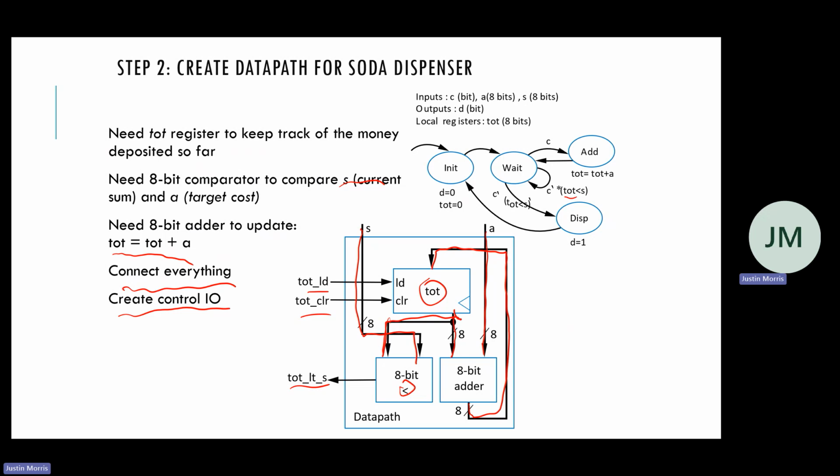It's not about matching. If total is less than S, that bit is 1. If total is not less than S, that bit is 0. Because that will give us this, which our control will then use to tell us when we should transition, if we need to transition, right?